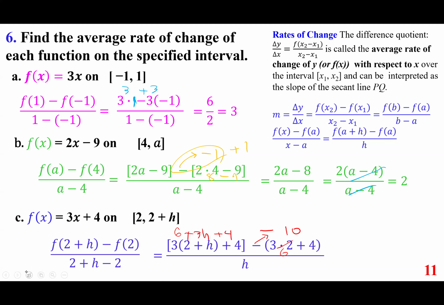So what happens is 6 and 4 and minus 10 cancel. The numerator is only 3h over h. The final answer is 3. Pretty simple, everybody.